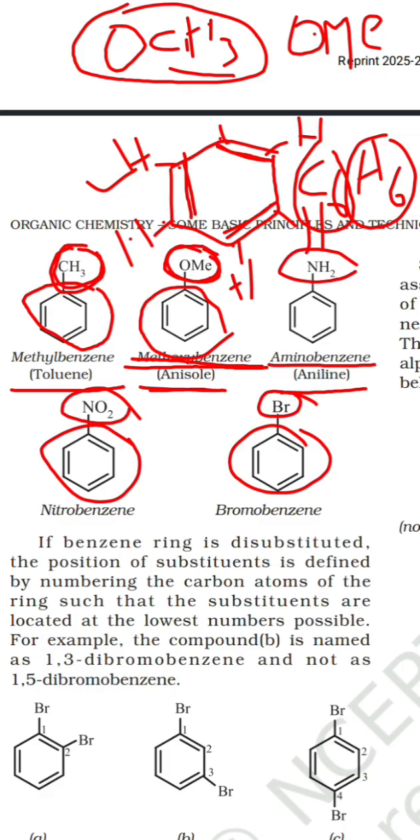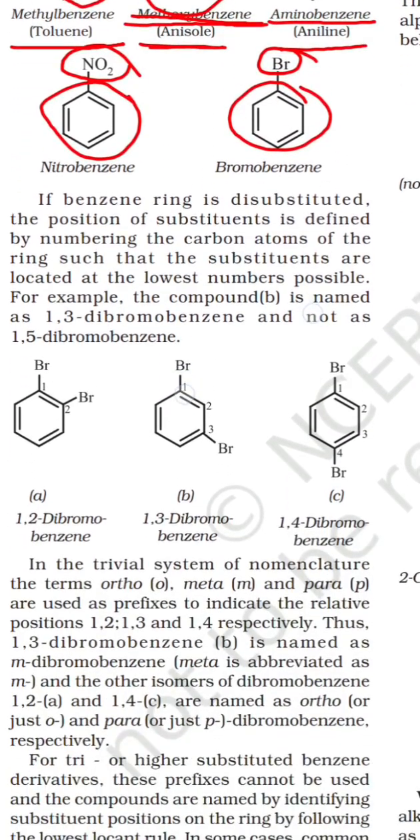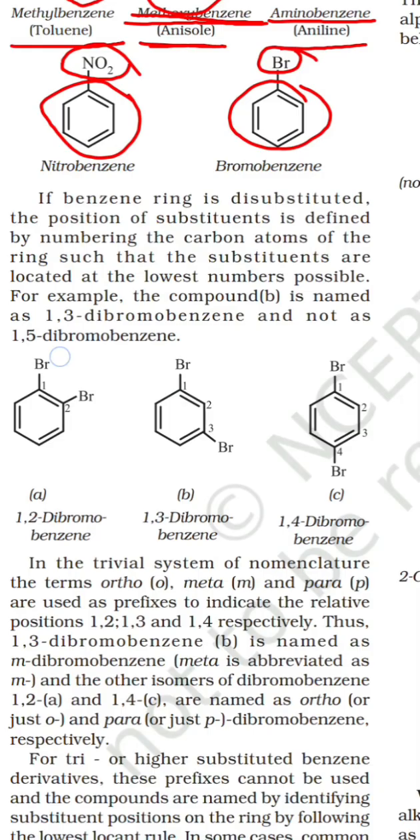If two substituents are there of the same type, here bromo is there, same bromo, same type. So if one bromo is on first carbon, second bromo is on second carbon, that is 1,2 dibromobenzene, or this is also called ortho dibromobenzene. That means 1,2 dibromobenzene or ortho dibromobenzene, both are same.